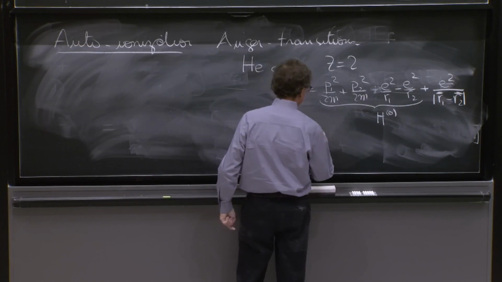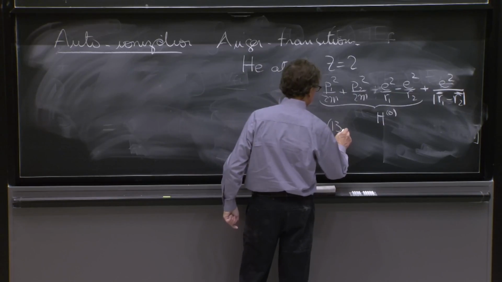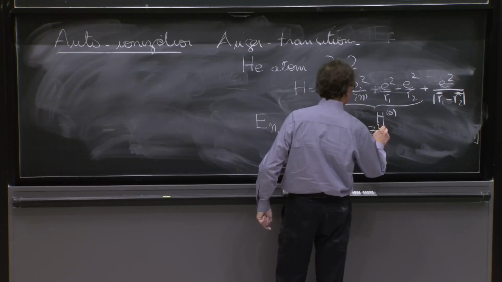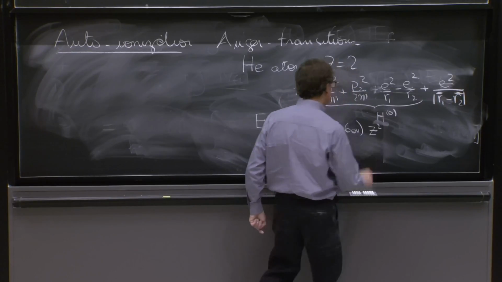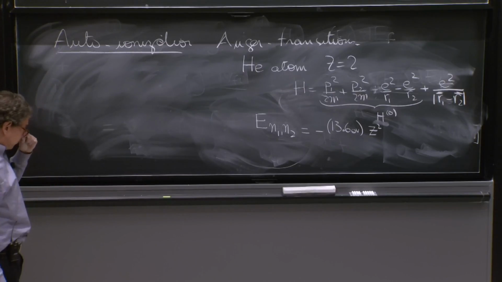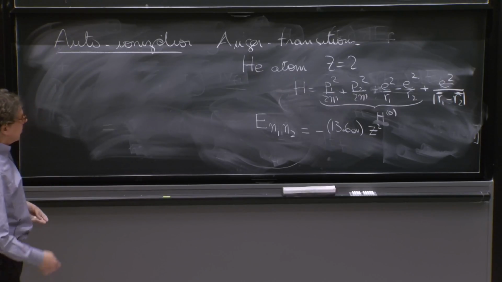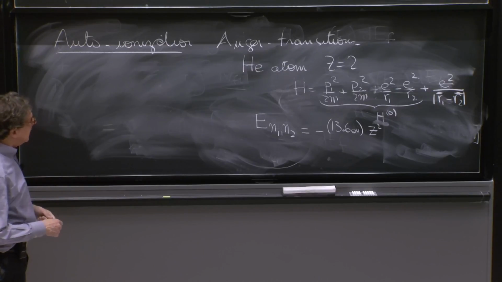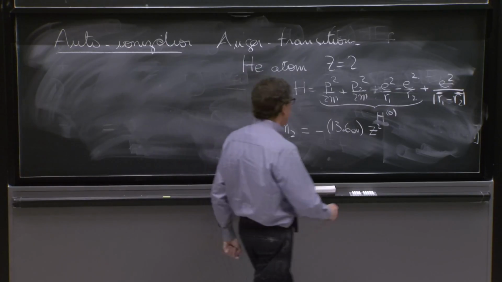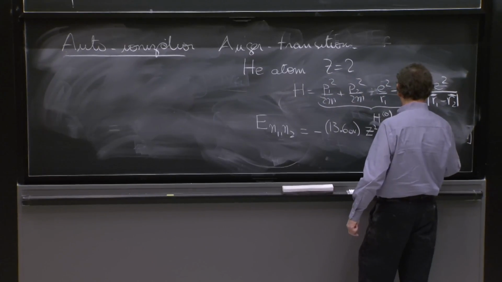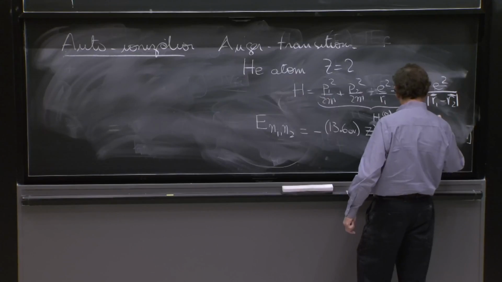They are minus 13.6 eV times Z squared, the energy of an electron in a nucleus with Z protons gets multiplied by Z squared, times 1 over n1 squared plus 1 over n2 squared.